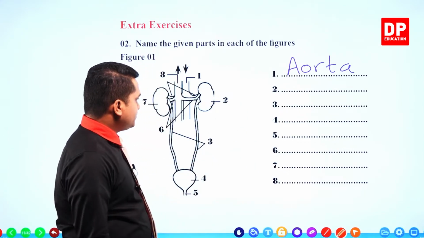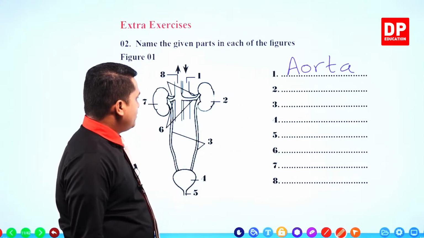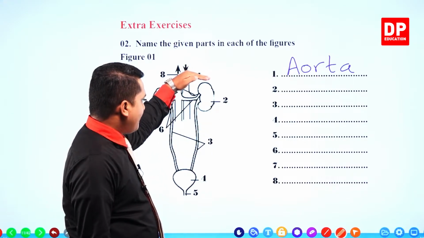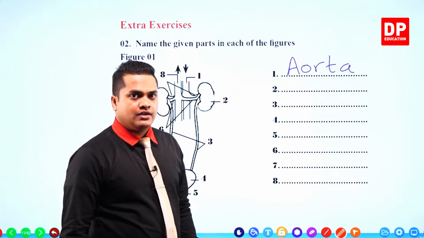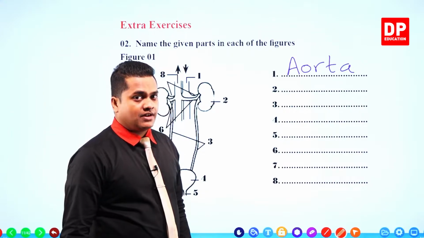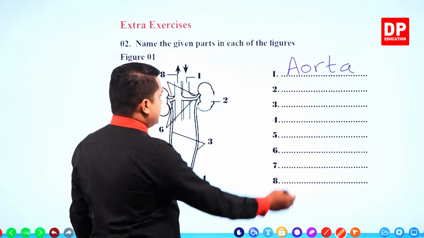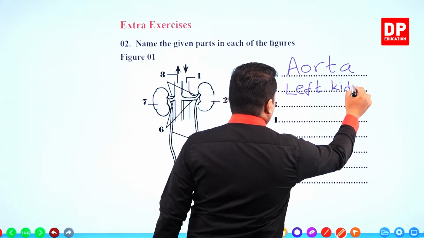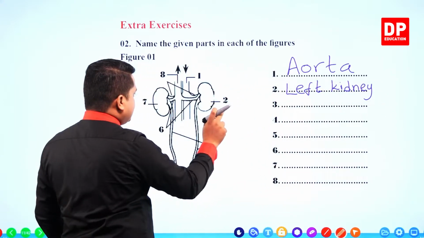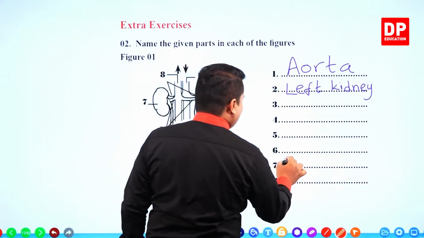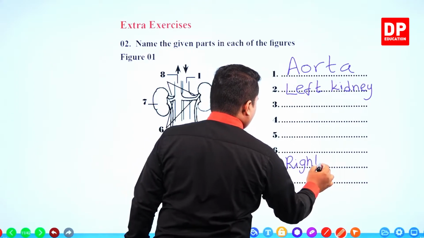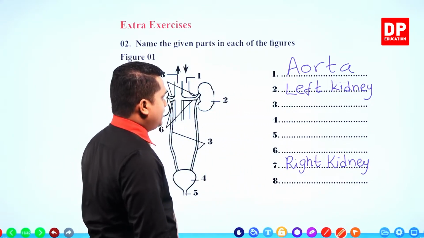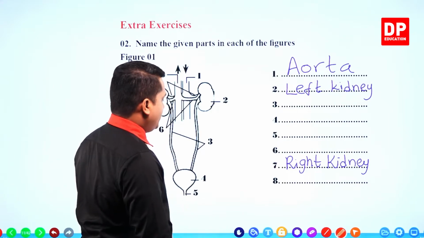The second part is the second kidney, which is located somewhat up. So the left kidney is located somewhat up rather than the right kidney. So the second is the left kidney, and the seventh one is the right kidney.